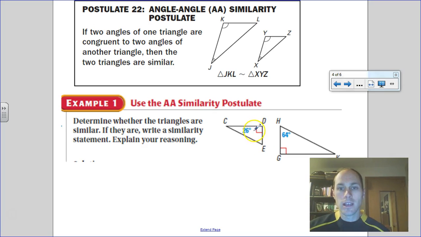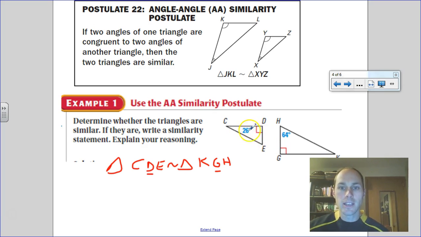So how do we know? I'm going to say triangle CDE is similar to triangle KGH. Well, I know D and G are the same. They're both right angles. This is 26. Well, what's angle E?